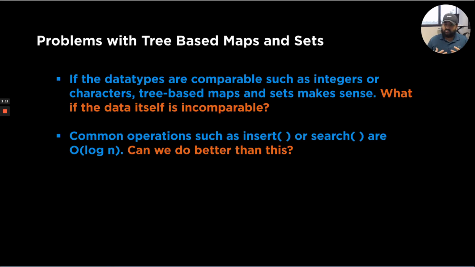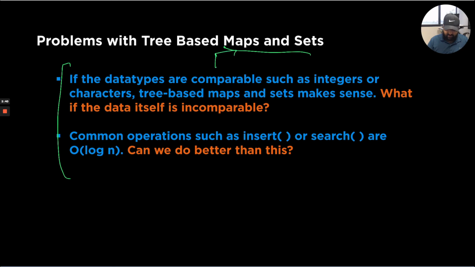So let's discuss why we need hash tables in the first place. When we implemented maps and sets, which were based on trees, backed by red-black trees or any form of balanced trees, there were two big problems. The first one is if the data itself is uncomparable, meaning it has some sort of data that cannot be compared with each other.